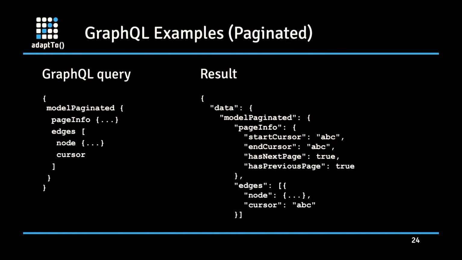Next one is a bit more complex. Besides list, we can use a paginated model to retrieve paginated content, which you can use mostly for load more or for next and previous pages. As you can see here, the query itself is more complex than the previous one, which was just a simple retrieval of the list, and the results are again more complex than the previous one, just going through the items.